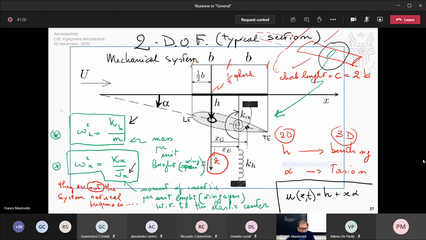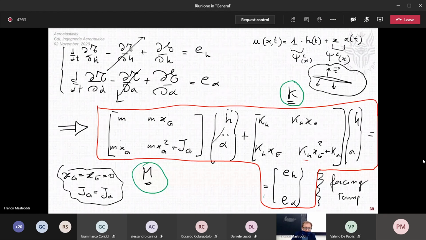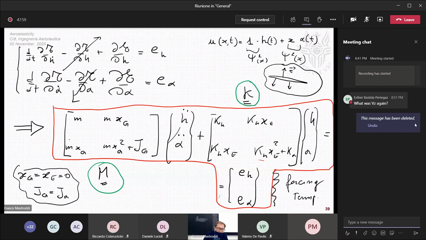In fact, in this case, if you have xg equal to xe equal to 0, and you have in this case Jg equal to J alpha, in this very special case, these two mass and stiffness matrices will be diagonal.